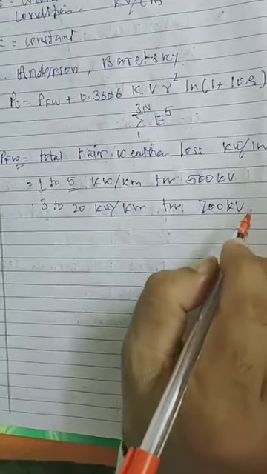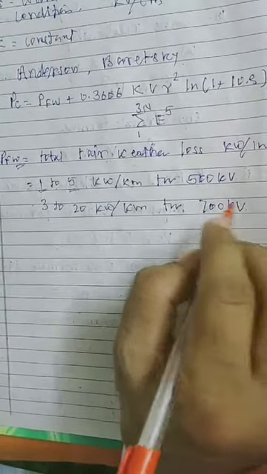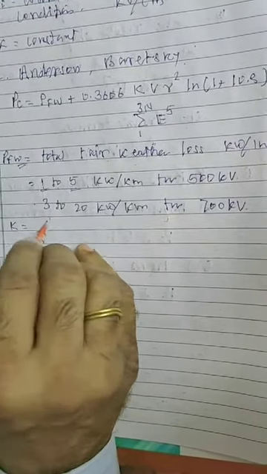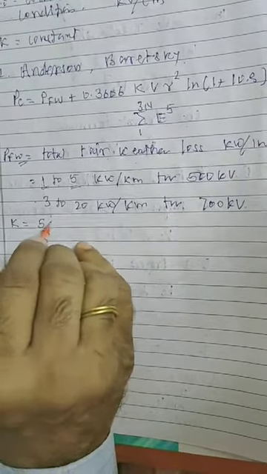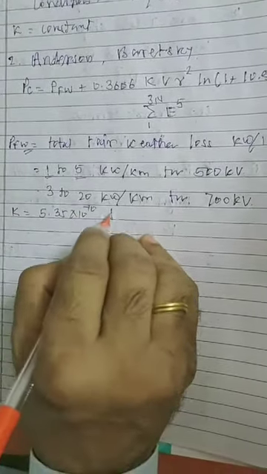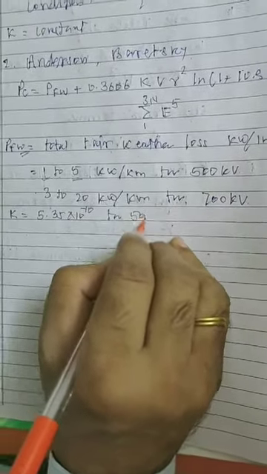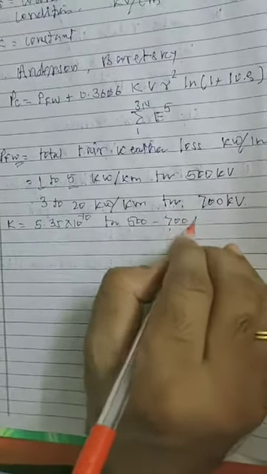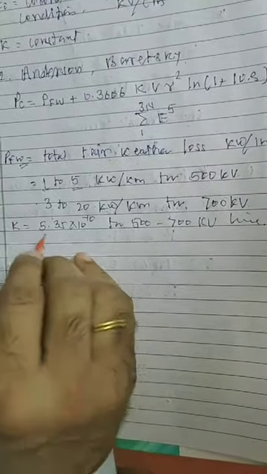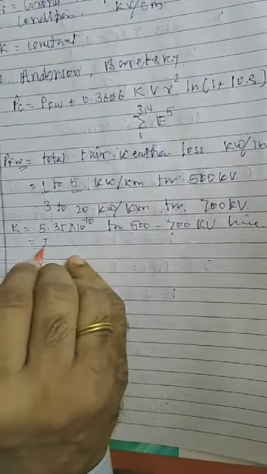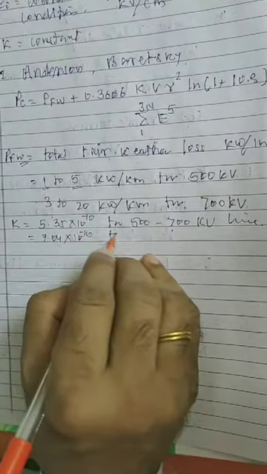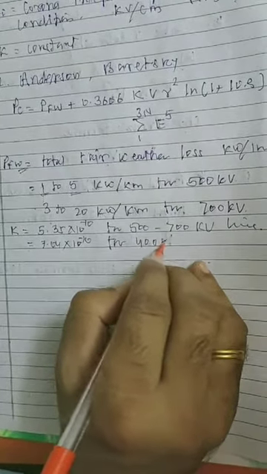This is the range. Then the value of K is a constant: K is 5.35 into 10 raised to minus 10 for a 500 to 700 kV line, and K is equal to 7.04 into 10 raised to minus 10 for a 400 kV line.